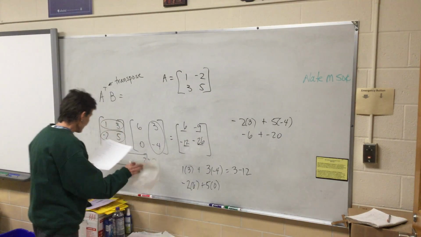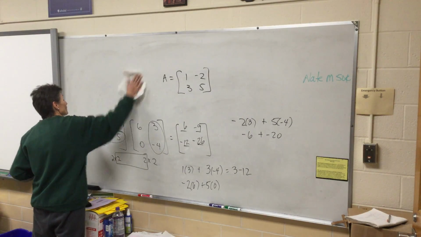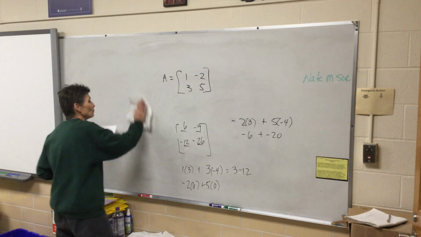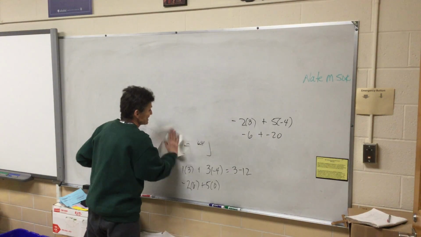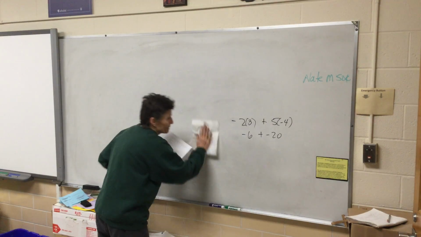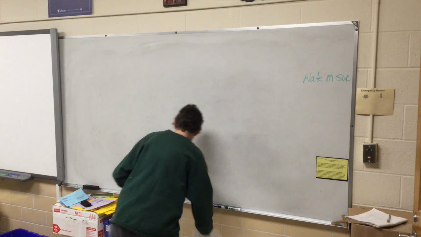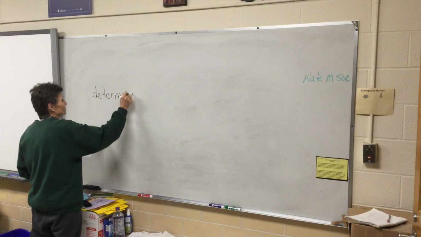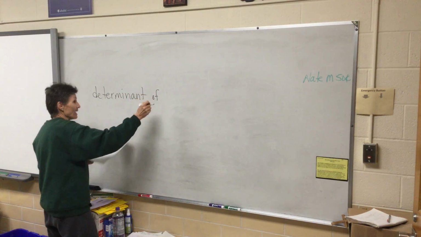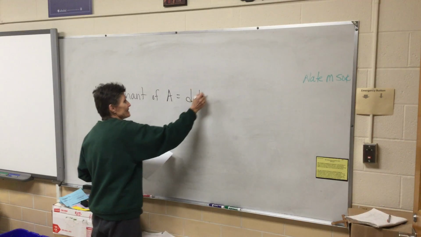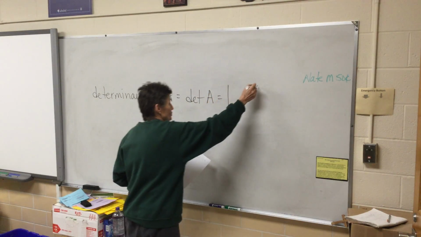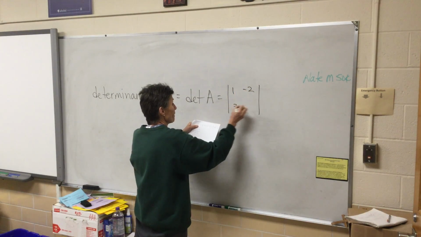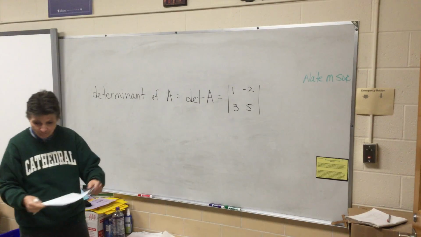All right. Now, H is asking you to evaluate the determinant. That DET stands for the determinant of A, so that's det A. It is also written with vertical bars that look kind of like absolute value.